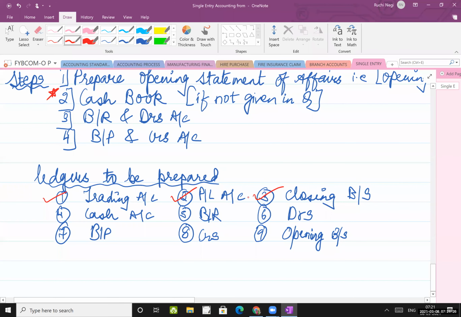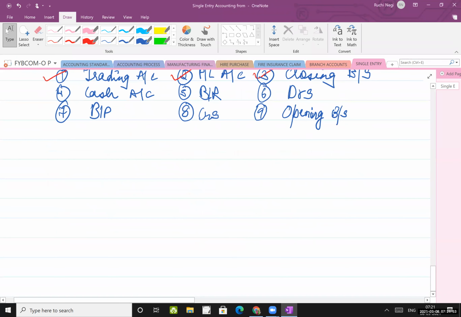Trading made, P&L made, balance sheet made, is nothing but your final accounts. So these 3 are your final accounts. The remaining ones, 4, 5, 6, 7, 8, 9, are supporting the final accounts. Fine. Next.